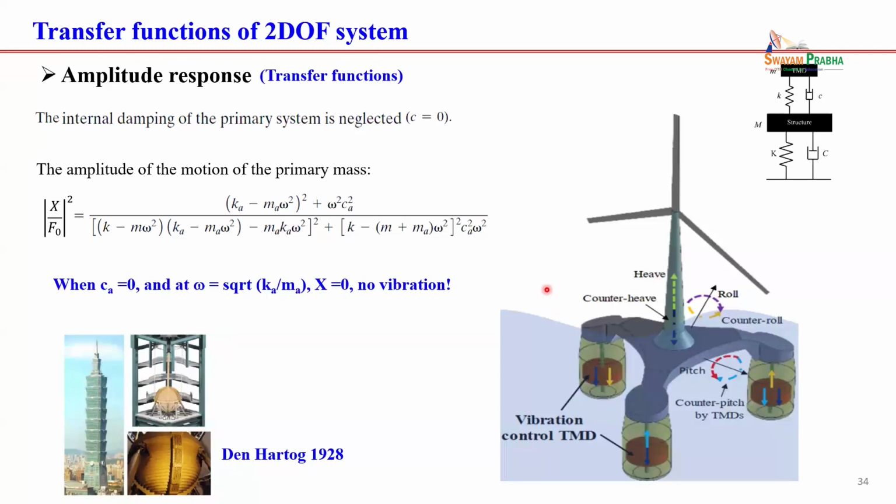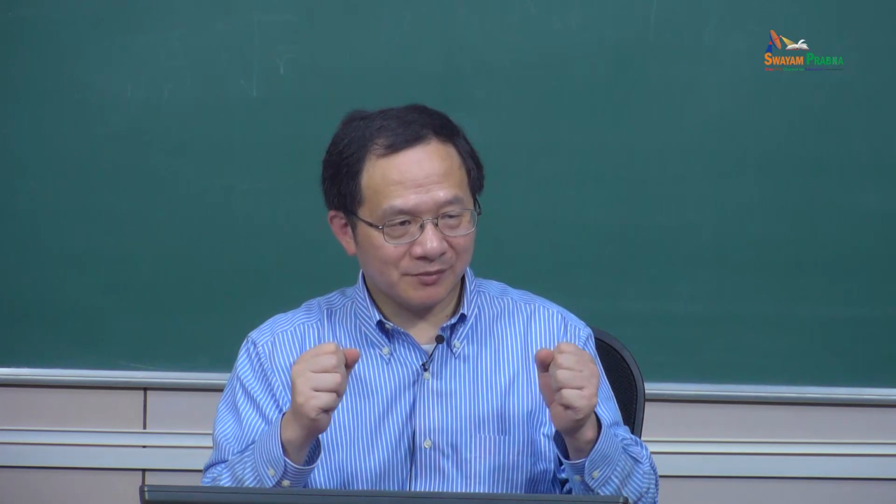Anyway, if you Google tuned inertial damper, you will find some concepts of what I mean. So here is mass, right? Another concept is the inerter. The inerter force is proportional to the relative acceleration, right?